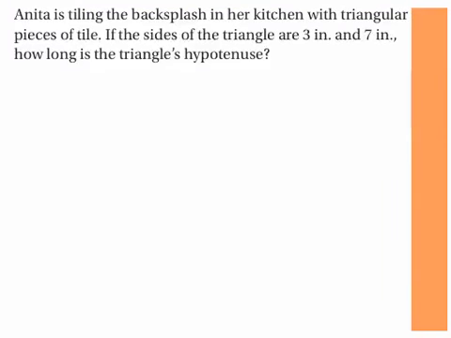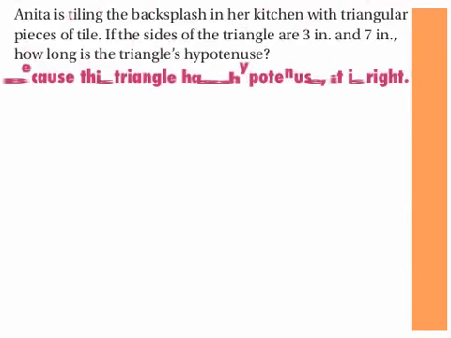The first example says Anita is tiling the backsplash of her kitchen with triangular pieces of tile. If the sides of the triangle are 3 inches and 7 inches, how long is the triangle's hypotenuse? The first thing that I want to address in this problem is the fact that because the triangle has a hypotenuse, we can say that it is going to be a right triangle.